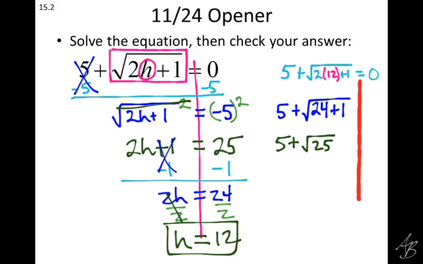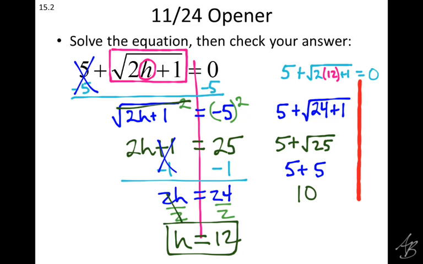And then the square root of 25 is 5. And then 5 plus 5 is? 10. Did it work? No, it did not work because 10 is not the same thing as 0, right?